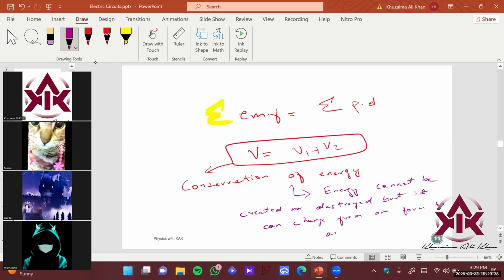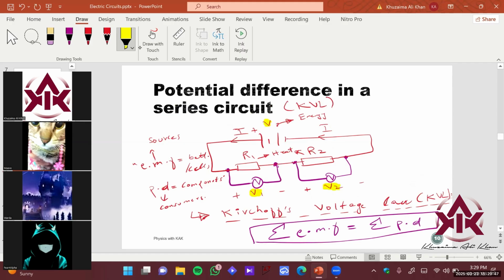This is the conservation of energy. I hope it makes sense. This is not so difficult and should make sense, what is happening here. So if the KVL, the potential difference in a series circuit, makes sense, give me a thumbs up.